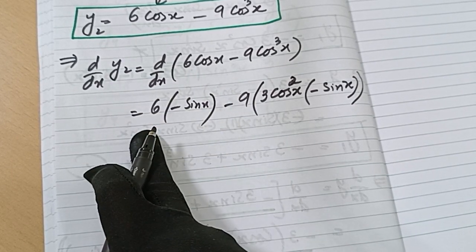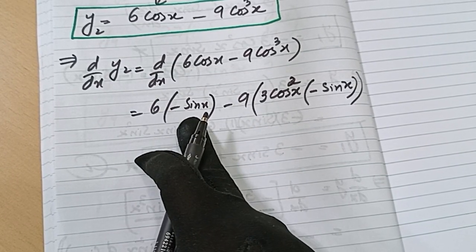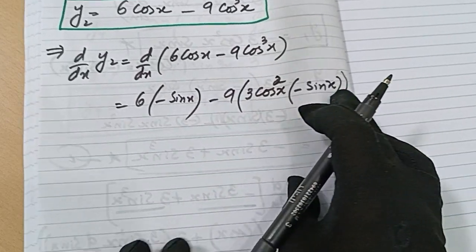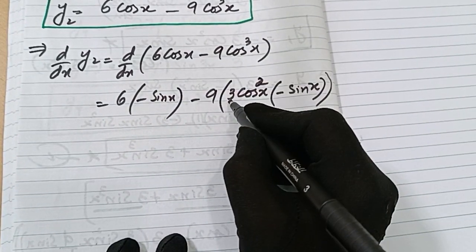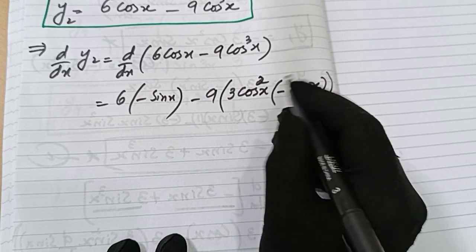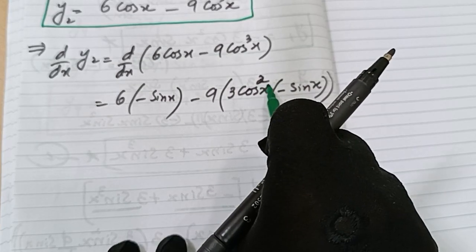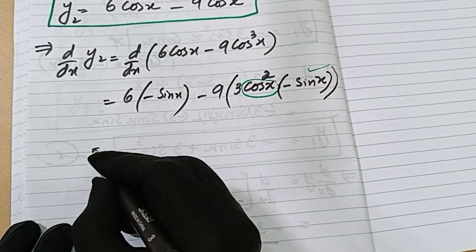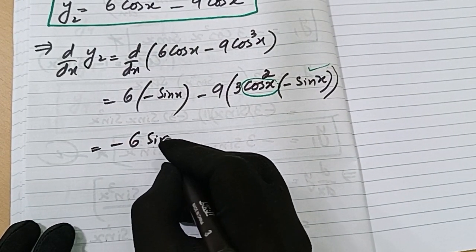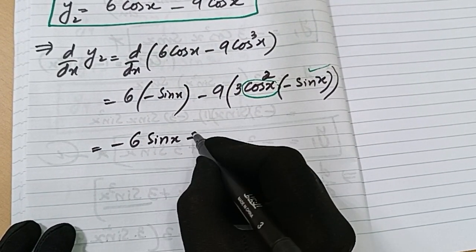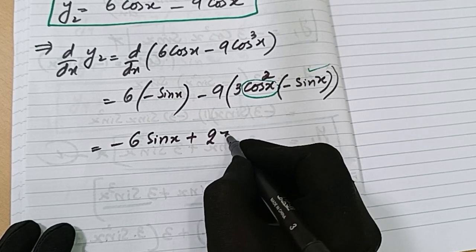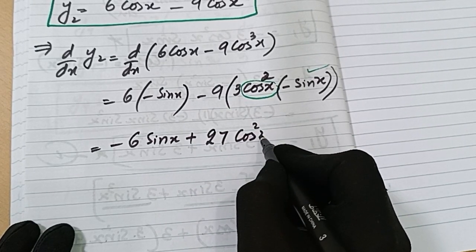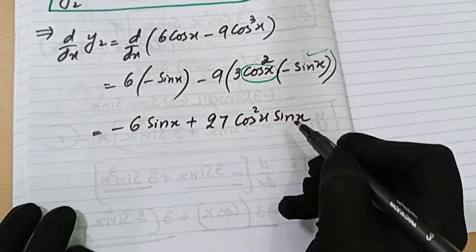Write down the coefficient. Derivative of cos x is minus sin, minus 9, and derivative of cos cube x: power in front, power minus 1, and the derivative of this function. So minus 6 sin x, minus minus plus, 9 times 3 is 27 cos square x sin x.